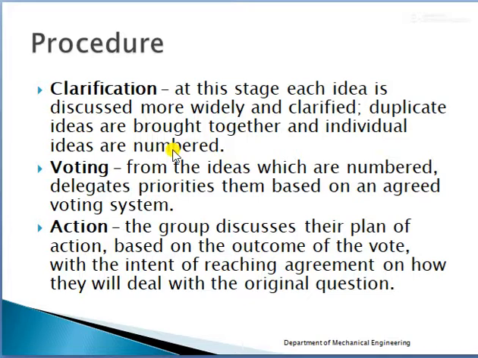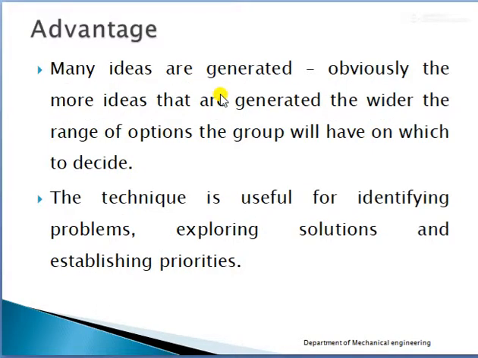From the ideas which are numbered, delegates prioritize them based on the agreed voting system. Actions: the group discusses their plan of actions based on the outcome of the vote, with the intent of reaching agreement on how they will deal with the original question.